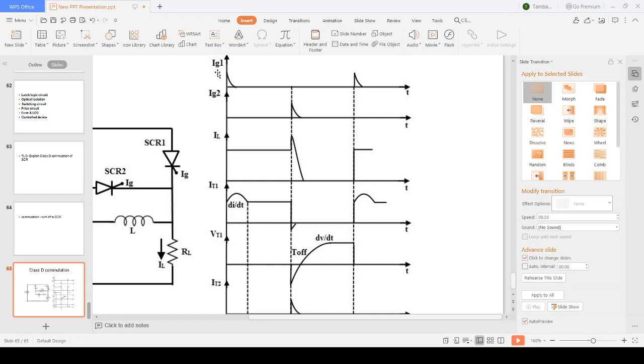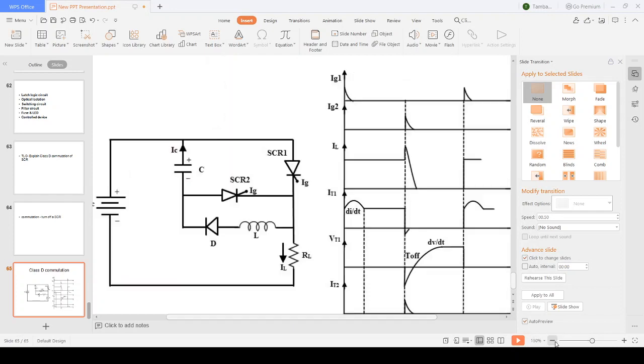So IG1 is the gate current for SCR1, IG2 is the gate current for SCR2, IL is the load current flowing through resistor RL, IT1 is the value of current, VT1 is again the value of voltage, IT2 is again the value of current.